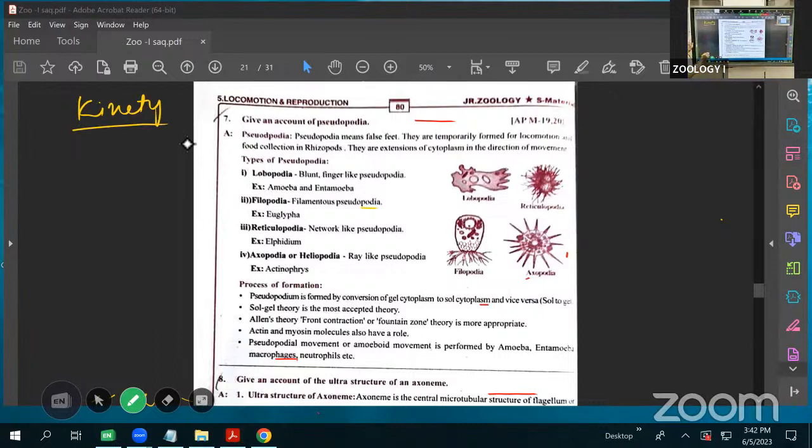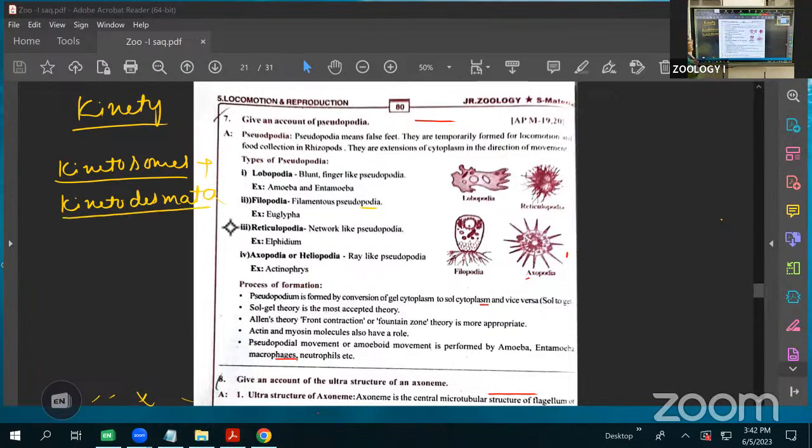The kinety means kinetosomes and kinetodesmata collectively, one longitudinal row of kinetosomes. Kinetosomes plus kinetodesmata. They are connected with the motorium. For example, this is the Paramecium. Below the pellicle, a number of round structures are present.